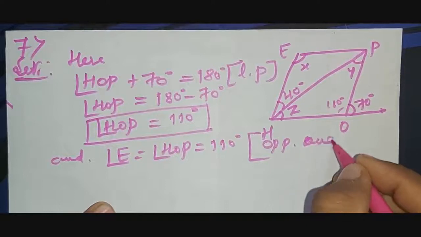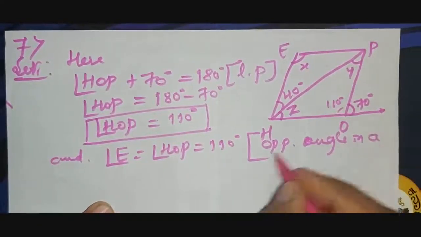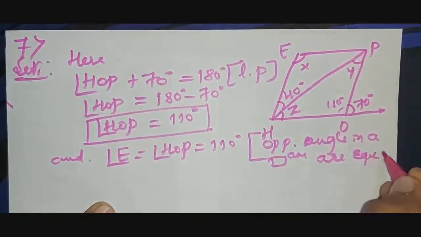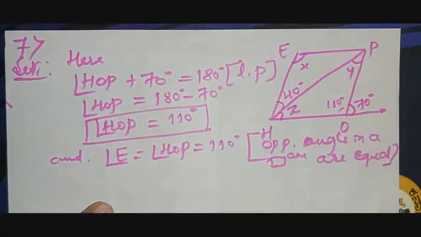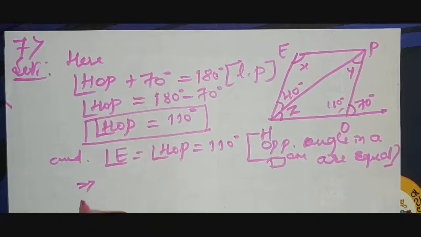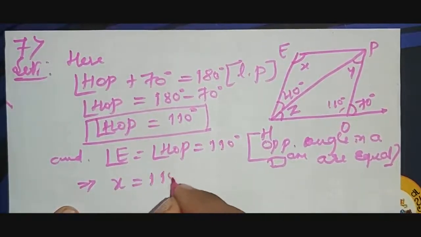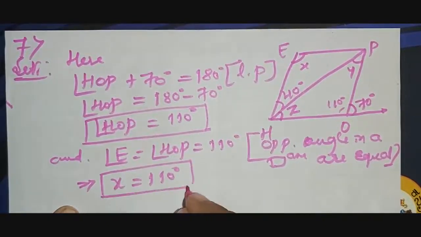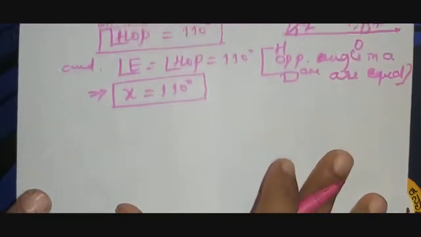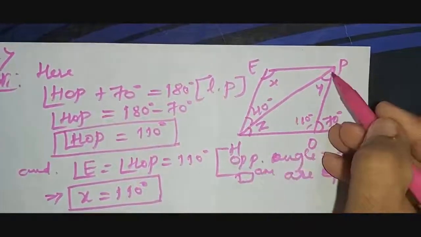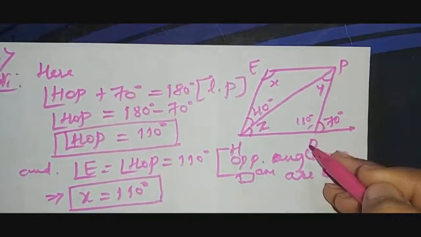Opposite angles in a parallelogram are equal. This implies even x is equal to how much? 110 degrees. Now look here.